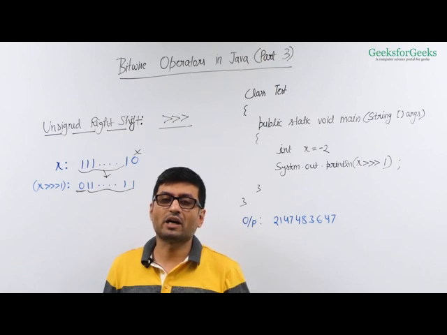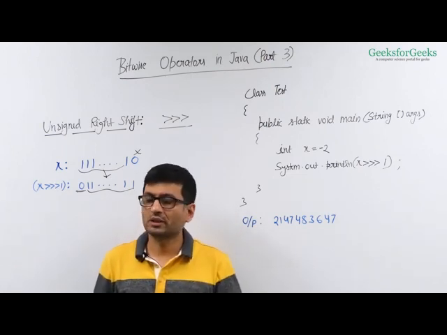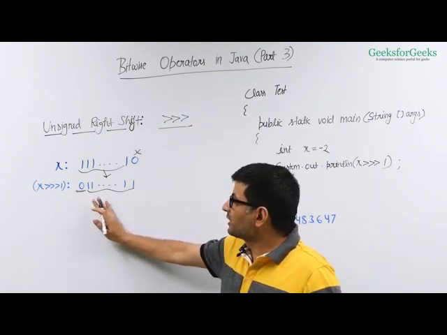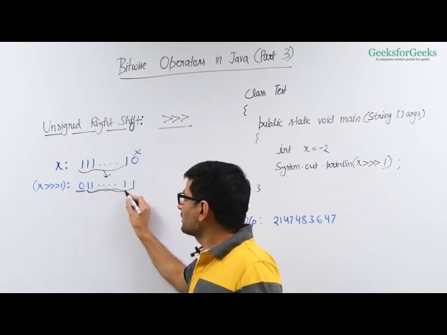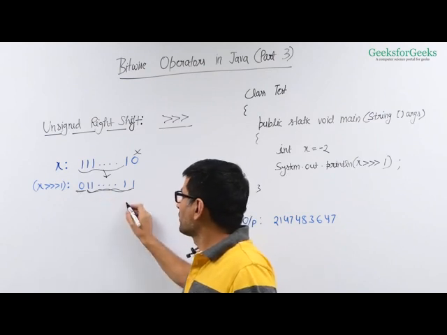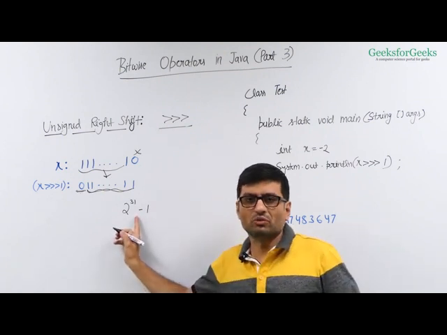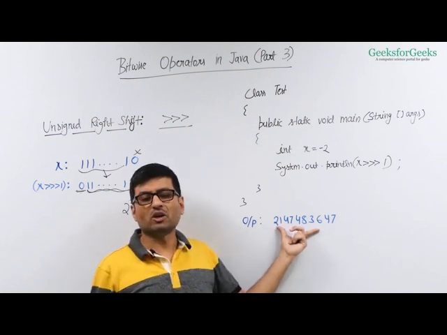So when you apply unsigned right shift, your negative numbers become actually positive. So what is the value of this? The value of this is, see, there are 31 ones and then there is a 0. So what is the value of 31 ones? 2 raised to the power 31 minus 1. Right? That's the value that you will get. So that's the output of this program.